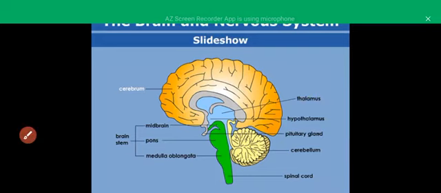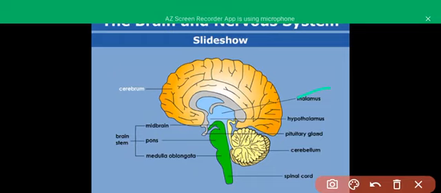Then we will study the thalamus. The thalamus carries sensory information from sensory nerves and sensory areas to the higher brain centers. The thalamus and limbic system work together to form primary sensory areas and primary emotions like rage, tranquility, hunger, sexual arousal.